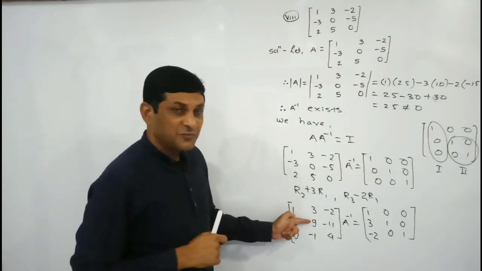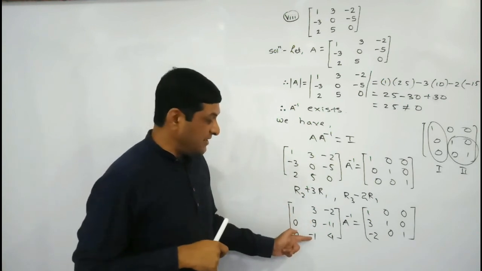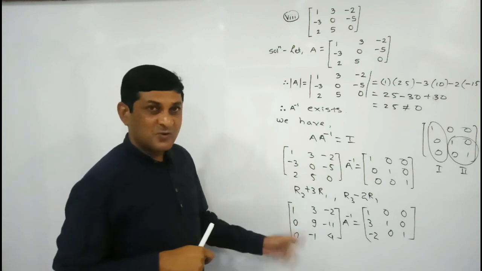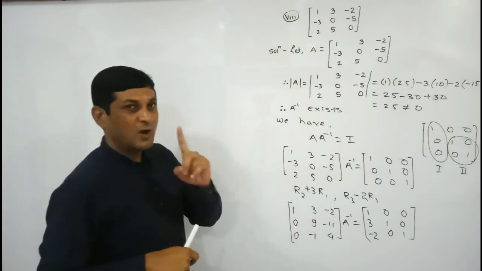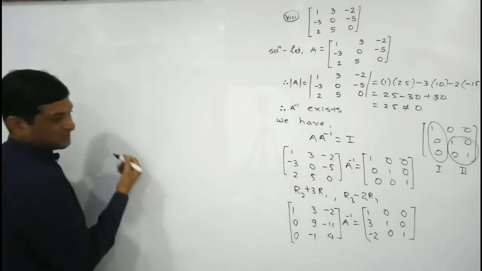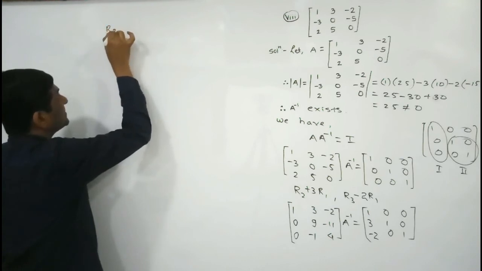So well, now here we will require 1. To get 1 here we have to subtract 8 from it, and to get 8 here we have to multiply here by 8. And later on if we take the addition, 9 minus 8 will become 1. So let us perform this operation on the elements of R2.